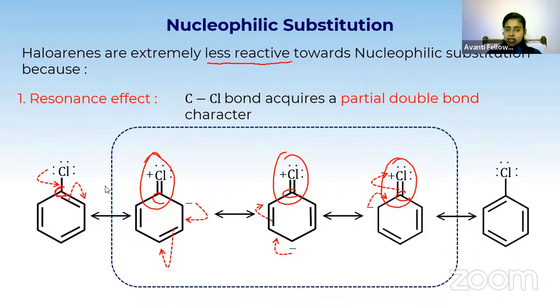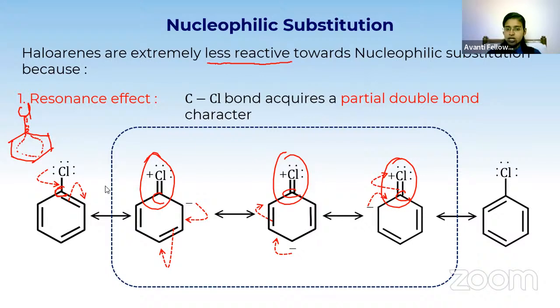If I draw the resonance hybrid of this molecule, since the pi electrons are delocalized over the entire ring, I will draw it like this. Resonance hybrid means all the delocalization of electrons is shown in a single structure.